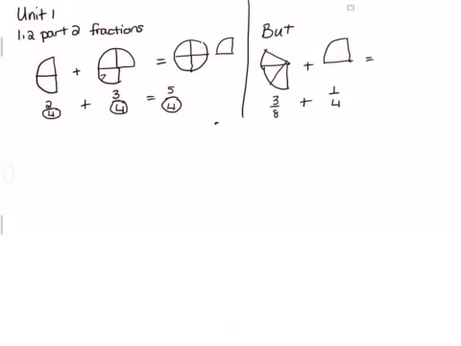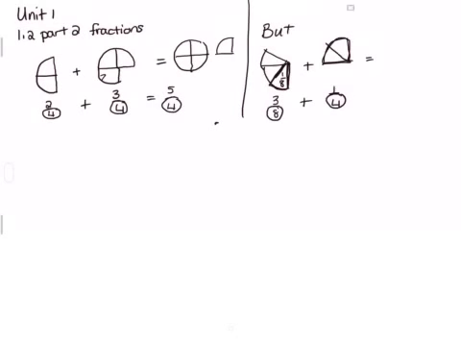So because the denominators are different, it means the sizes of the slices are different. So I can't just add them and say I've got 4 slices, because what size do I have? So let's be clever and say, right, these slices, each of them is 1/8 in size. This one is 1/4.